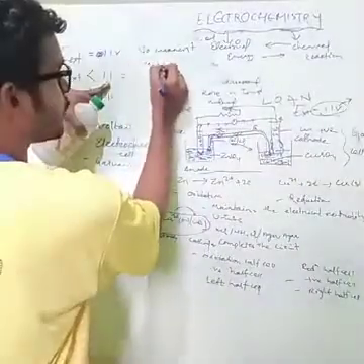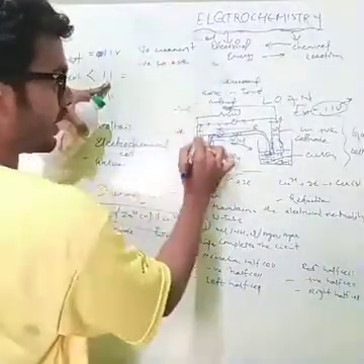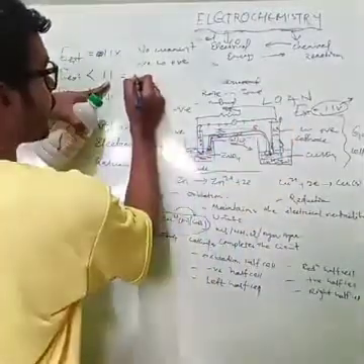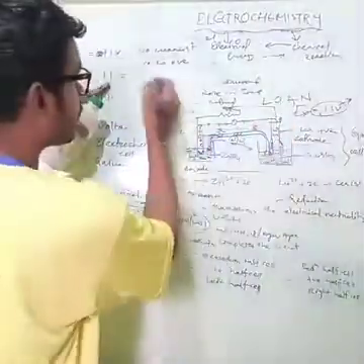As electrons flow from negative to positive, the current flow will be positive to negative.